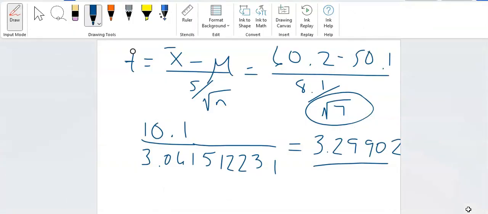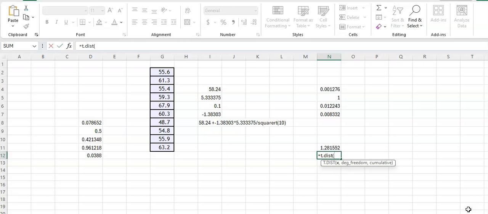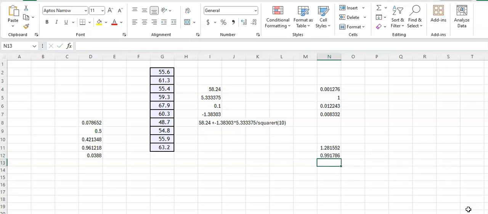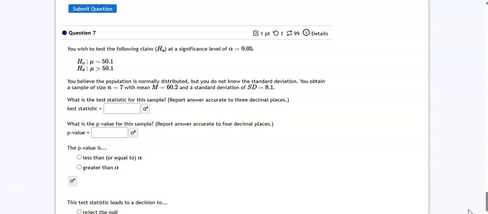We want to find the p-value, but we'll go ahead and put this in as is into Excel. Let's remember, though, this is a t-distribution, small sample size, and we don't know the population standard deviation. So we're going to put this into a t-distribution with degrees of freedom of 7 minus 1, or 6.